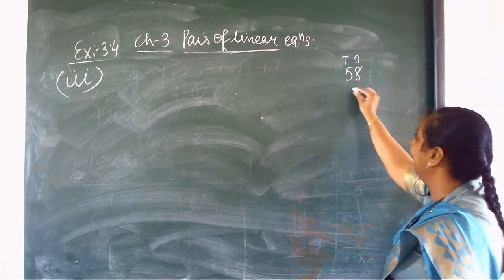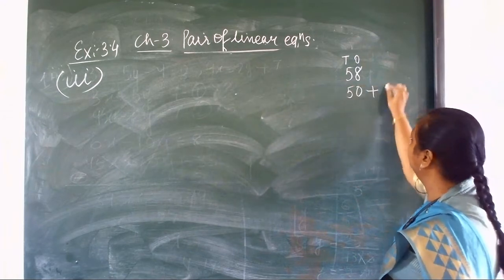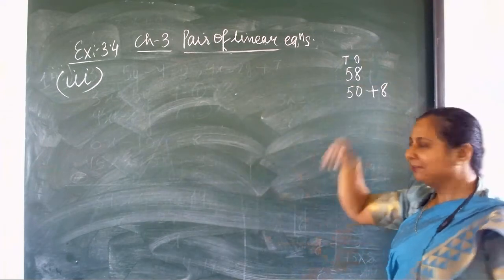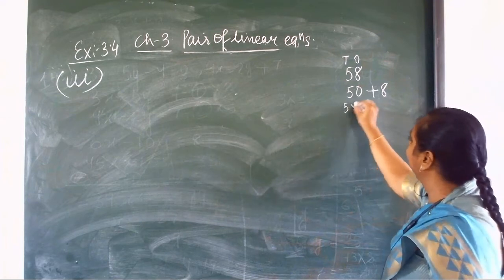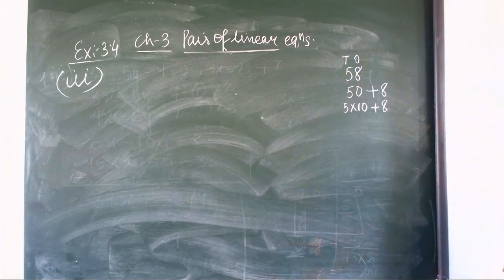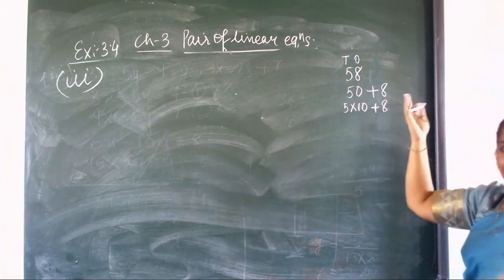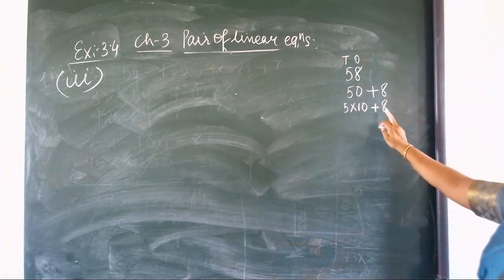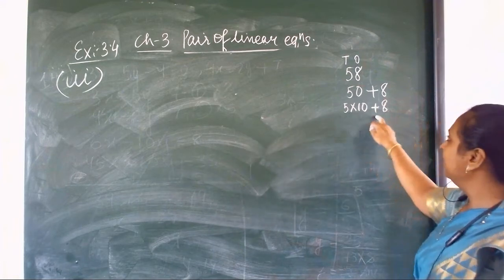So we can write 50 plus 8, or we can write 5 tens plus 8. Clear? 8 is multiplied by 1, we get 8 only. So this is 5 into 10 plus 8.